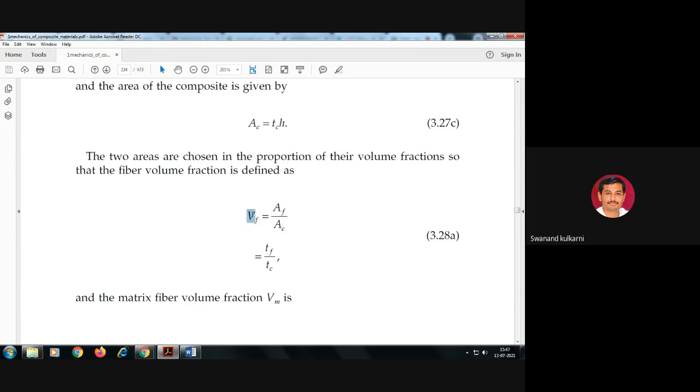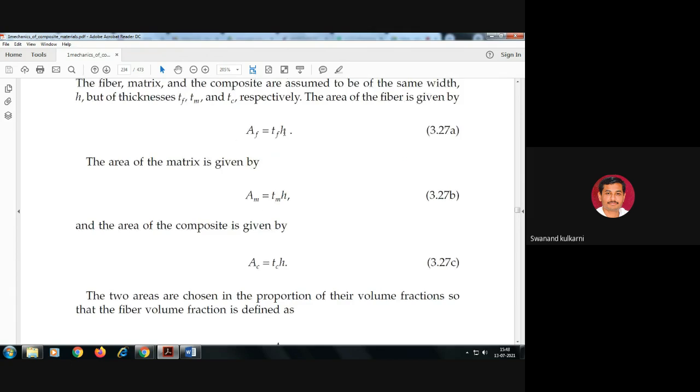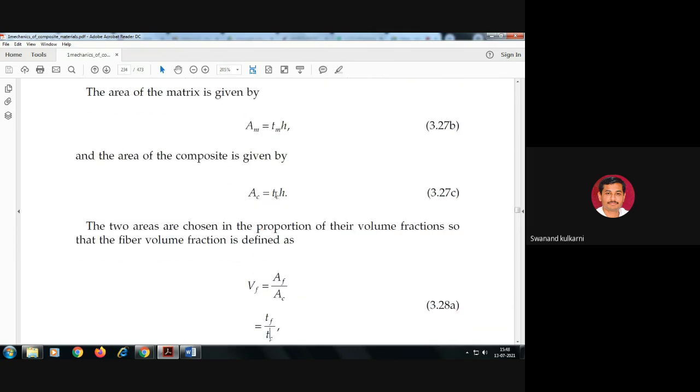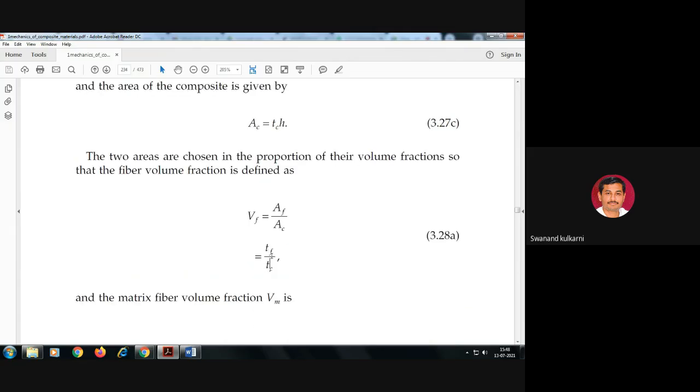So the volume fraction of fiber is nothing but Af upon Ac. For area of fiber and area of composite, we use Af equal to Tf into h and Ac equal to Tc into h. The h will get cancelled, and we get only Tf upon Tc.